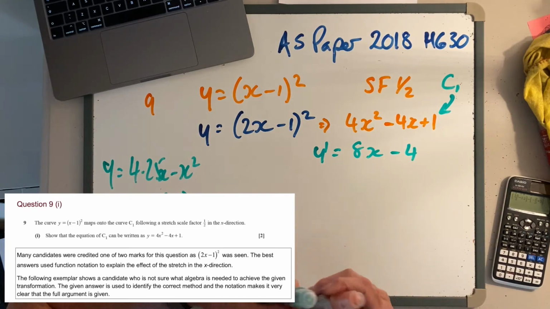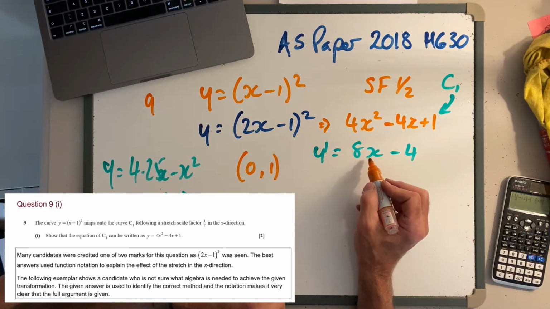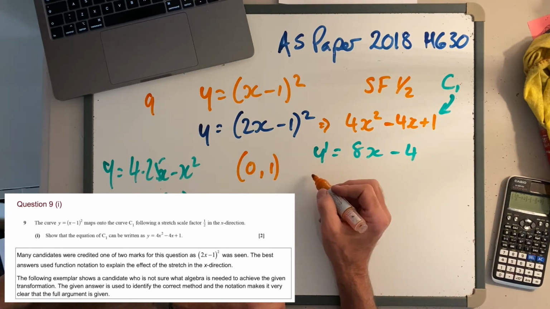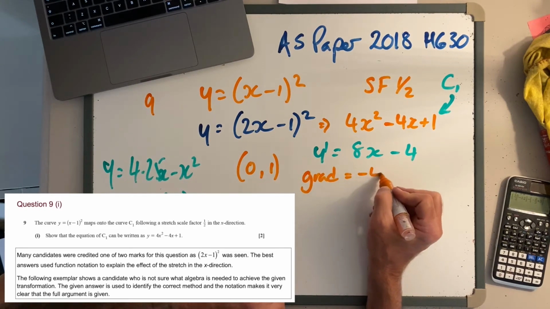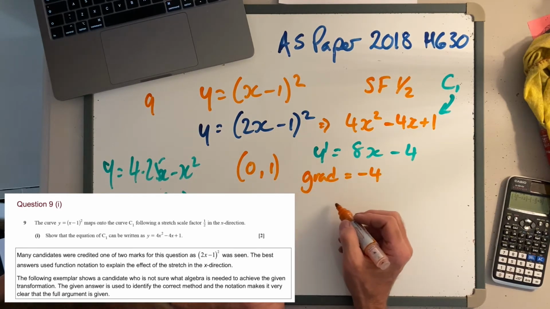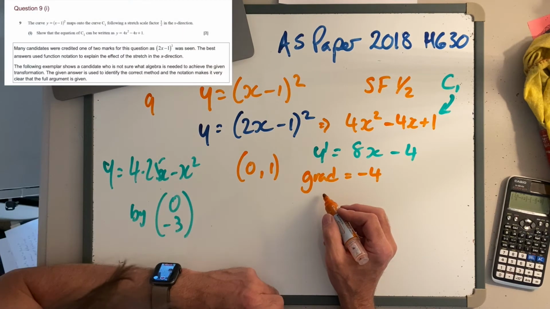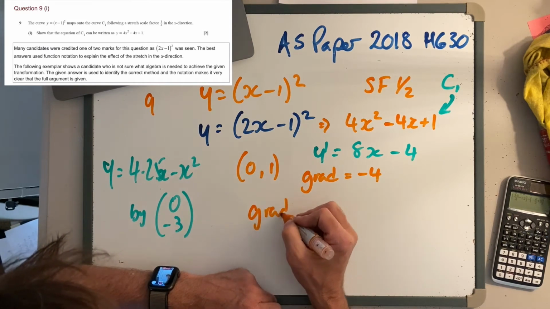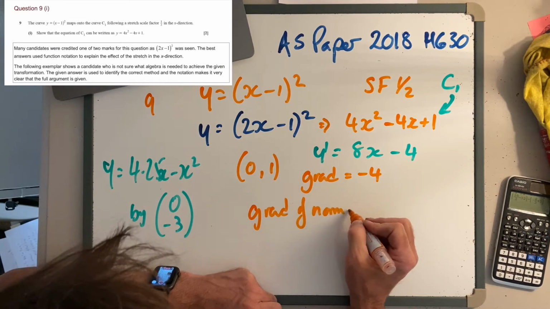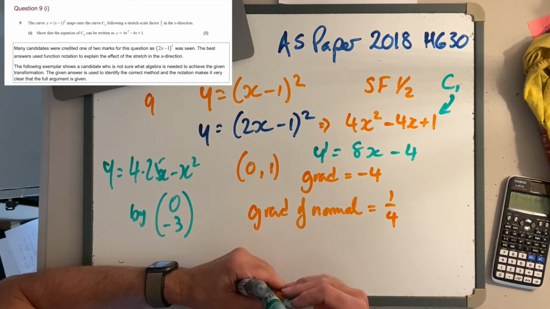I know that at coordinate point (0, 1), if I put 0 into here, I get the gradient of the tangent is minus 4. So the gradient of the normal is going to be a quarter. So remember that. It's good to write all this out: gradient of normal is going to be a quarter.